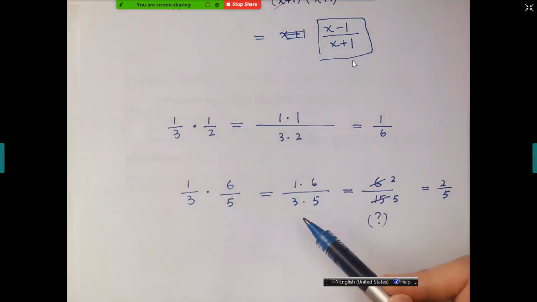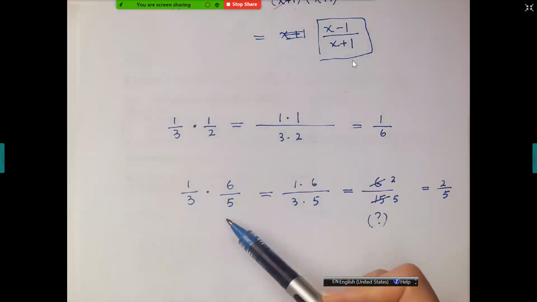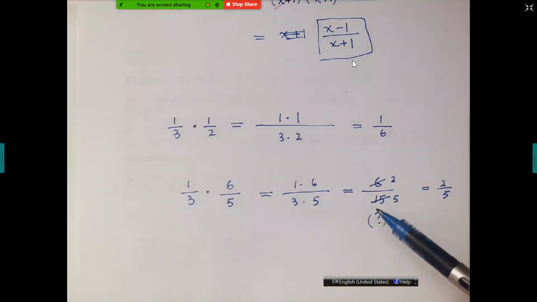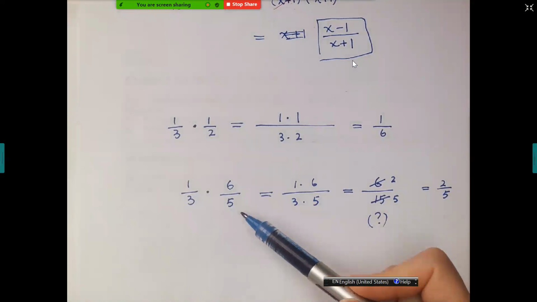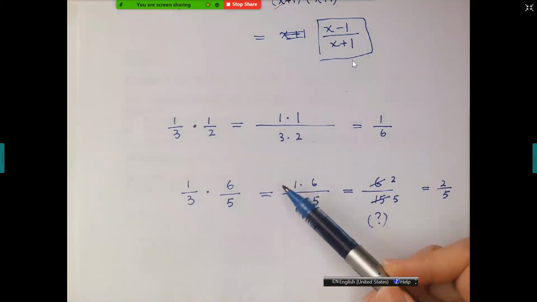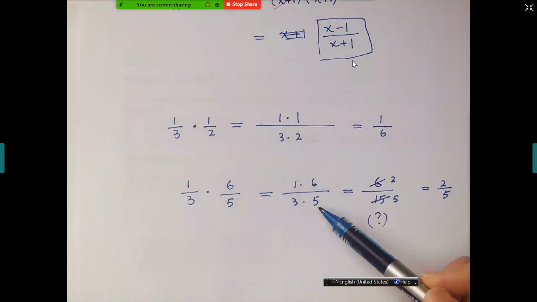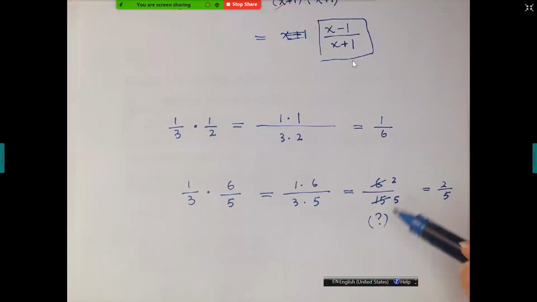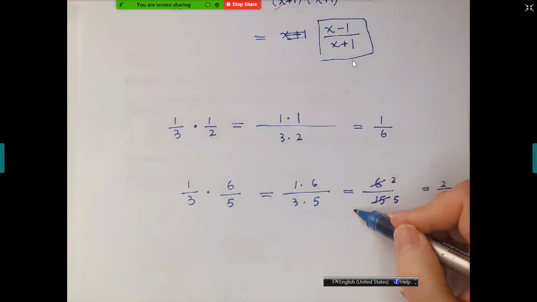So 2/5 should be the final answer. If we have to do this for the fraction number, we should do this to the rational expression as well. So when we multiply two rational expressions, we do need to multiply the numerator and denominator respectively, but we have to make sure our final answer is simplified. And remember, what I just showed you is not the best way.